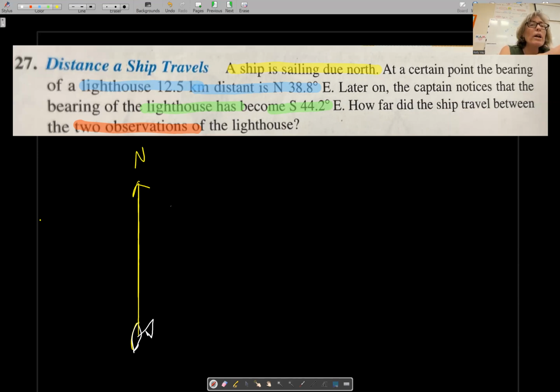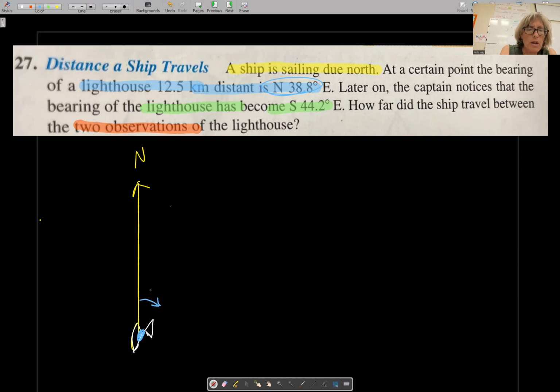At a certain point, we have a lighthouse spotted at 38.8 degrees, and that's from the north line.